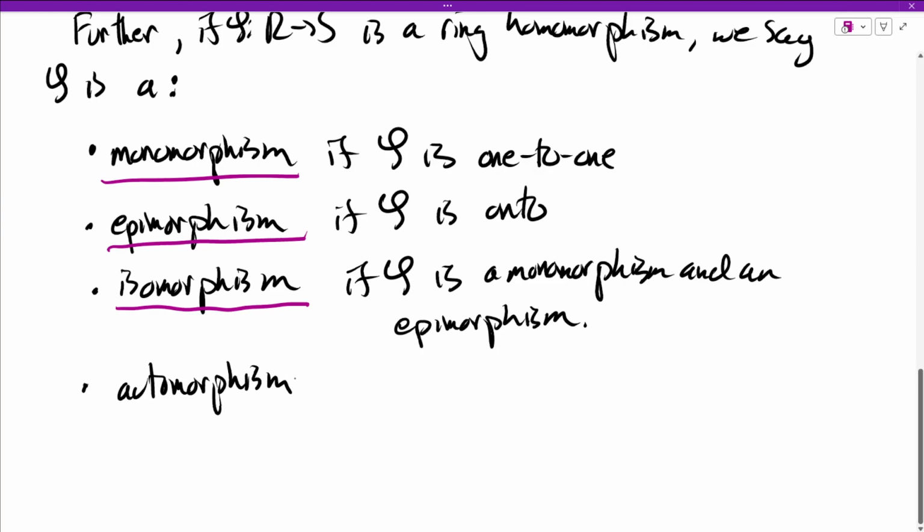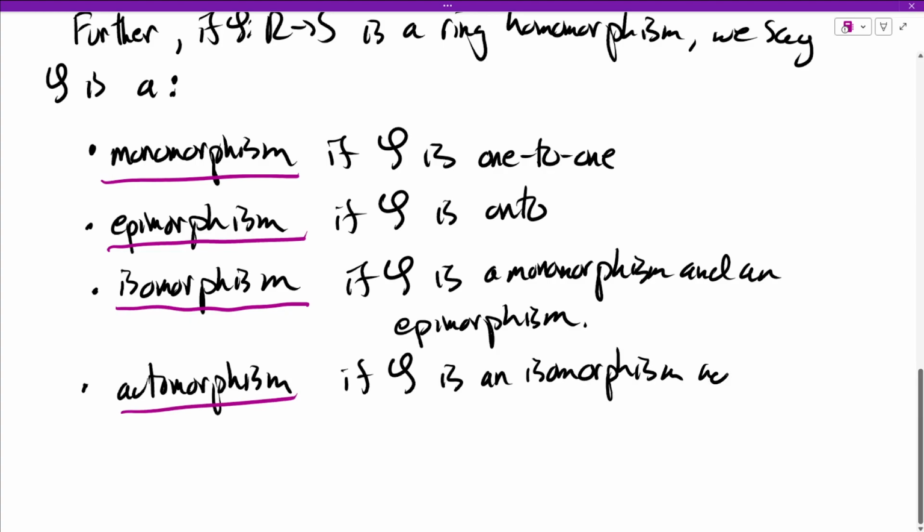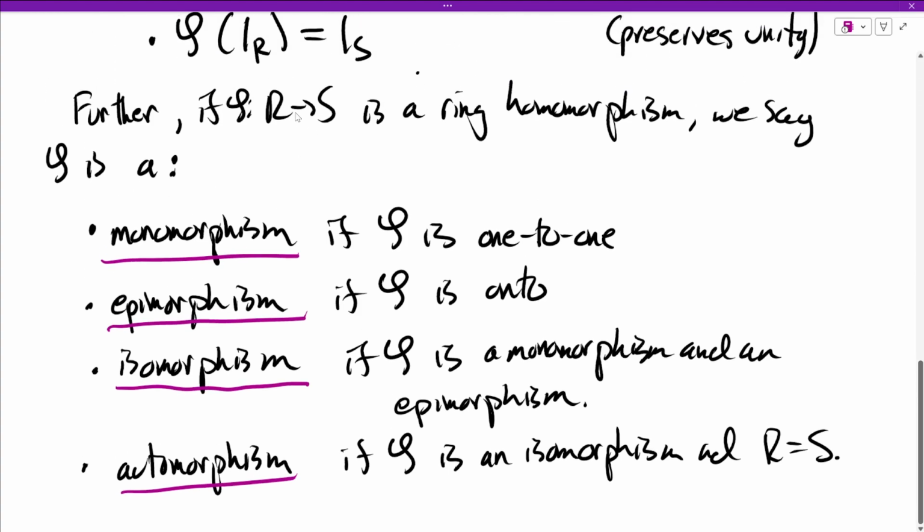There's lots of orphisms going on here. If phi is an isomorphism, and S and R are the same thing. So the domain and codomain are the same thing. So it's an isomorphism from R to itself.